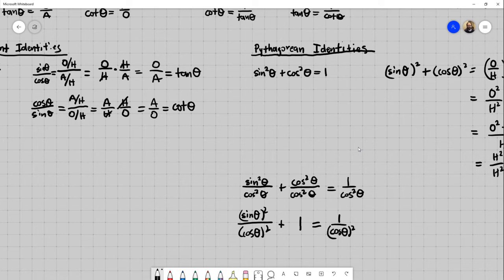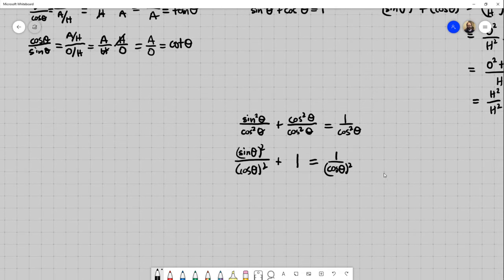Now if we use properties of exponents, we can say that this is sine of theta over cosine of theta, squared. And this is 1 over cosine of theta, squared.